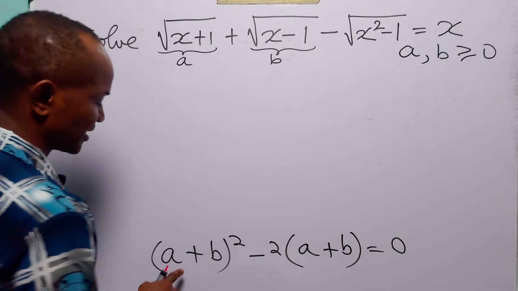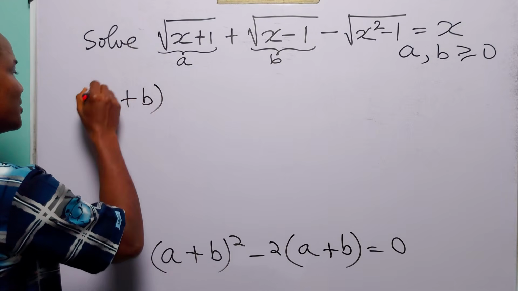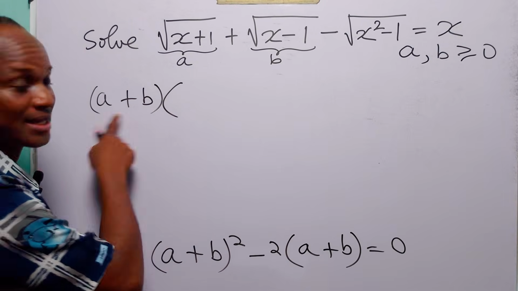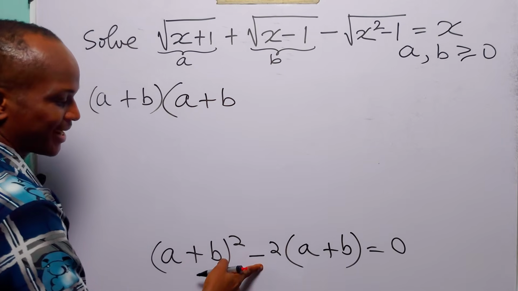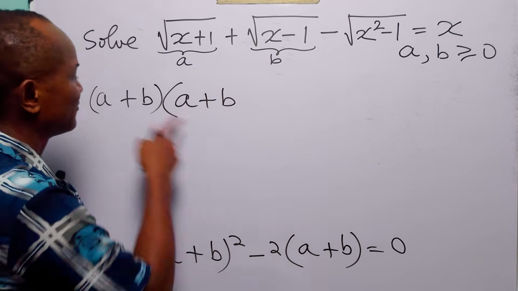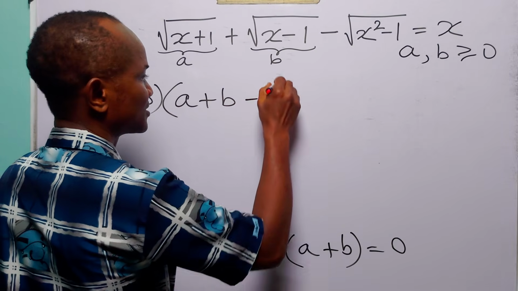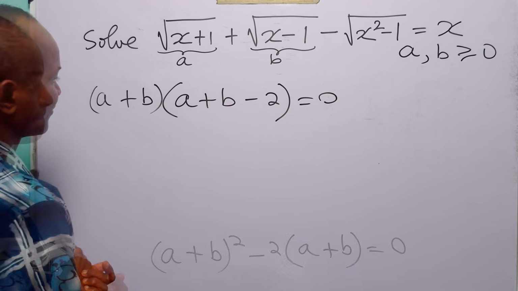So we can still factorize. We have a plus b into a plus b squared divided by a plus b is a plus b, and minus 2 times a plus b divided by a plus b is equal to minus 2. This is equal to 0.